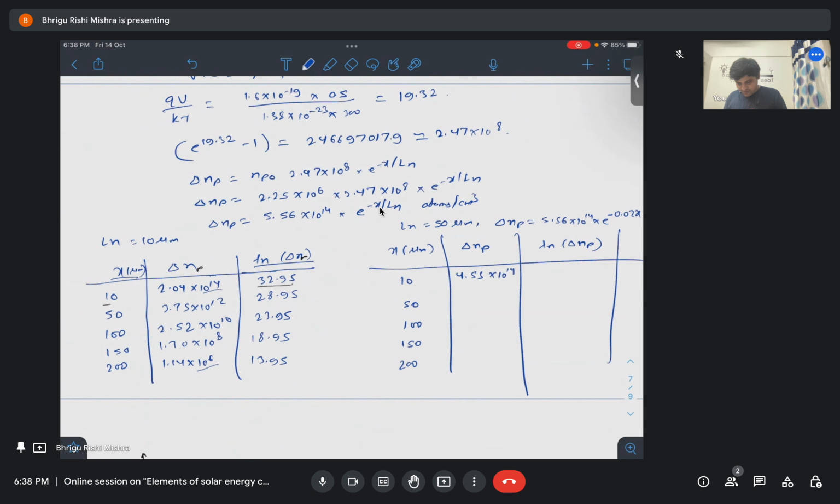Okay, now for 50, it's 2.045 into 10 to the power 14.